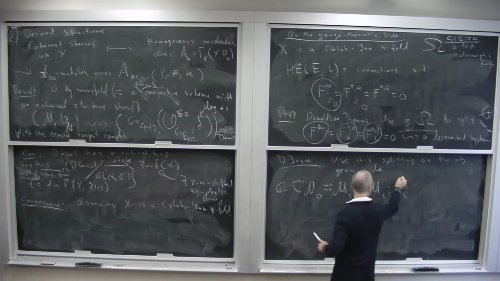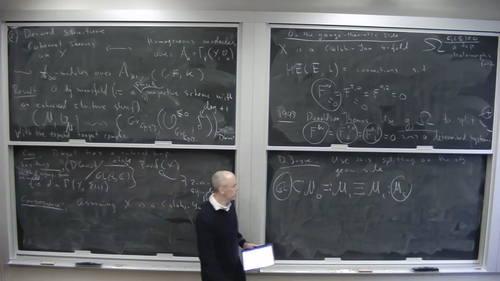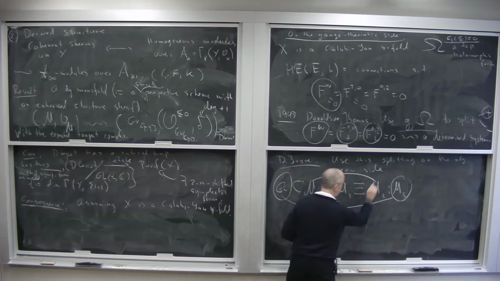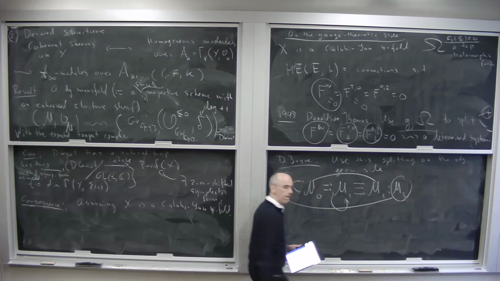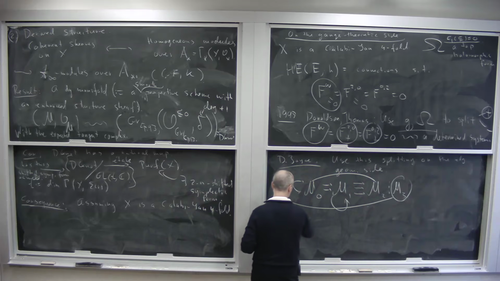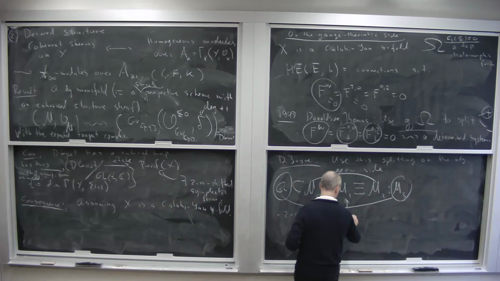And then you'll have also M3, but M3 and GL are paired together. So these two things are paired. This also is paired. And here you have a pairing given by this shifted symplectic form. So here it will have a -2 shifted symplectic form.